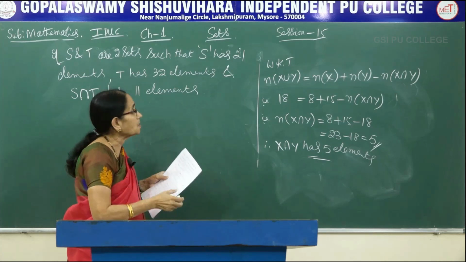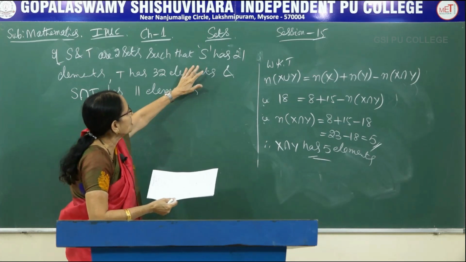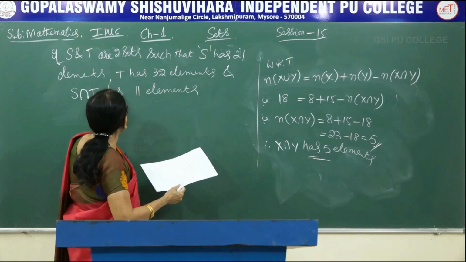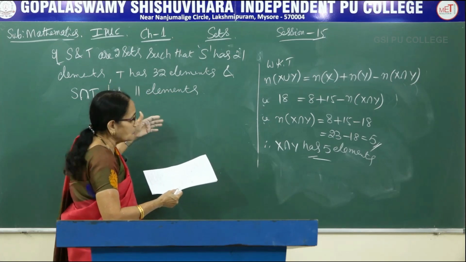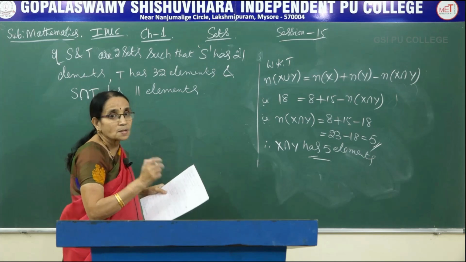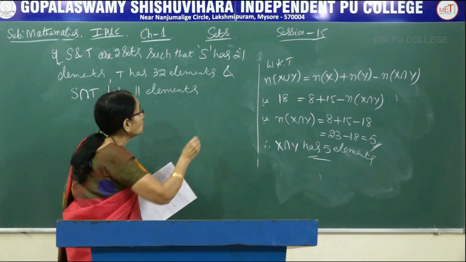What has to be calculated? The elements in S have been given, the elements in T have been given, and how many elements are there in S intersection T has been given. So what is the other thing? It is S union T.